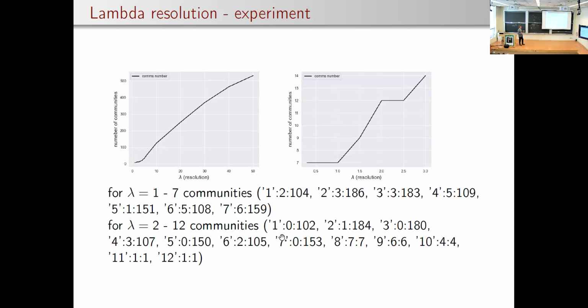So this shows us that it could be a good thing: if you change this lambda, you can find small communities, and these communities can be treated as outliers. But of course, there are still some outliers connected to other, larger communities.